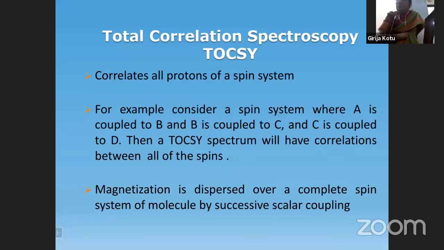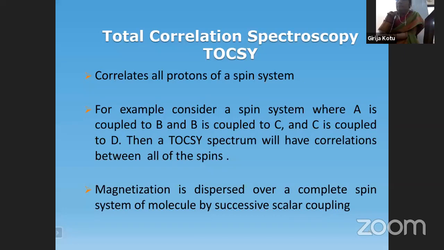This is normal homocozy. But in TOCSY, every nucleus in the spin system will have a correlation, or some connectivity, to every other spin.